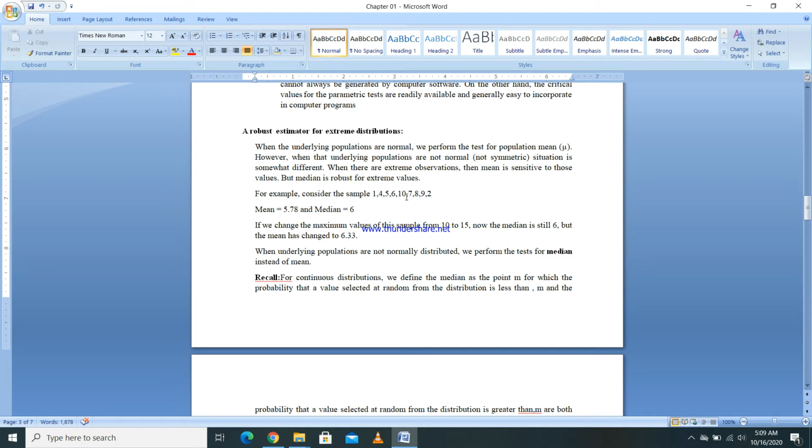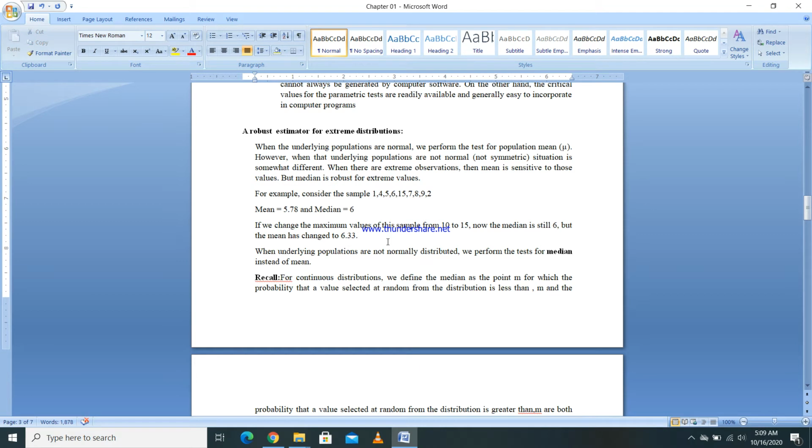Now I'm going to change 10, the maximum value of the sample, to 15. If I ask you to calculate the mean and median again, when you take the summation and divide by 9, the mean value changes to 6.33.